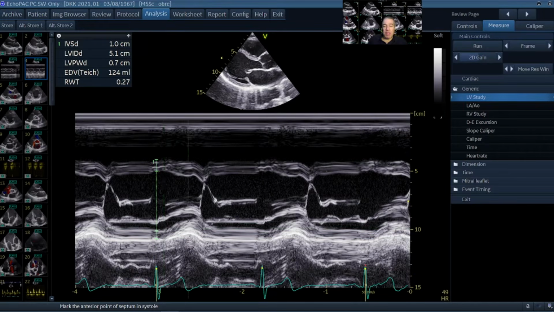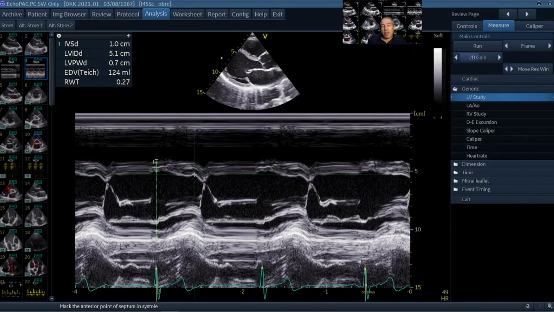Now the next measurement is end systole. And this is here a little bit tricky. You see in this lady, the septum is thickening and the posterior wall is thickening. It's already getting a little bit difficult to identify the borders of the posterior wall.